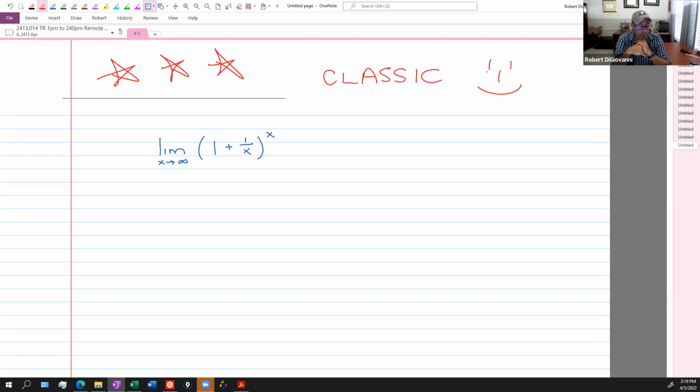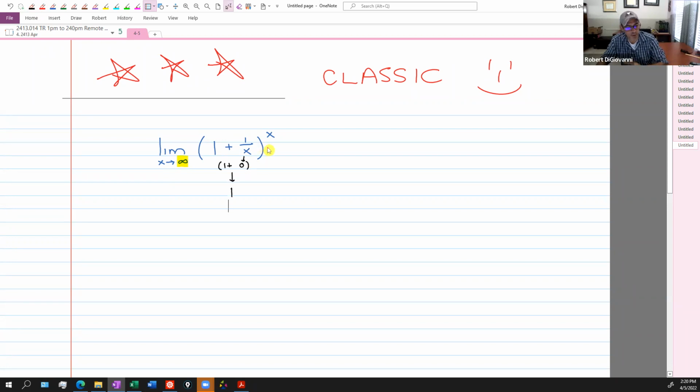So let's just check what's happening. As x, be careful, x is going to infinity here, all right? 1 over infinity goes to what? 0. Fixed over infinity goes to 0, right? So you've got something that's headed towards 0, but you're adding 1 to it. So the base is headed to 1, isn't it?